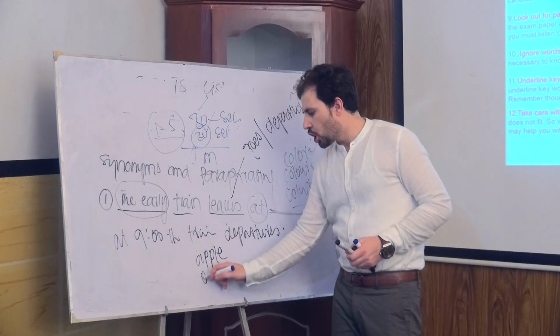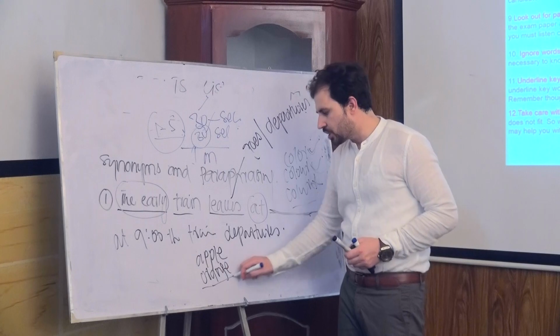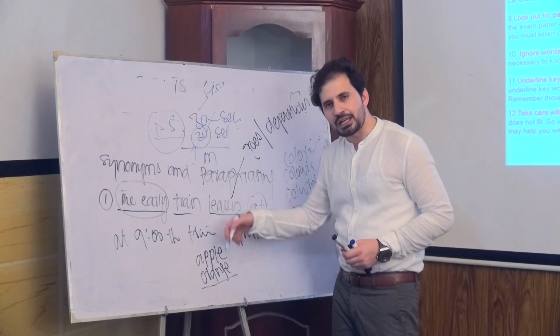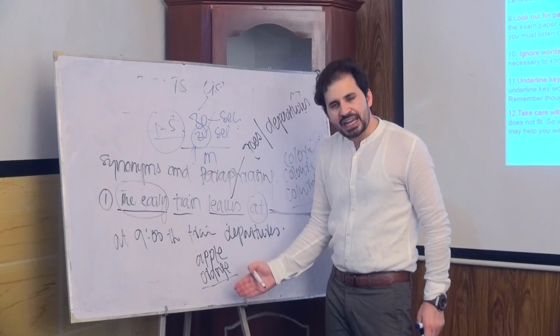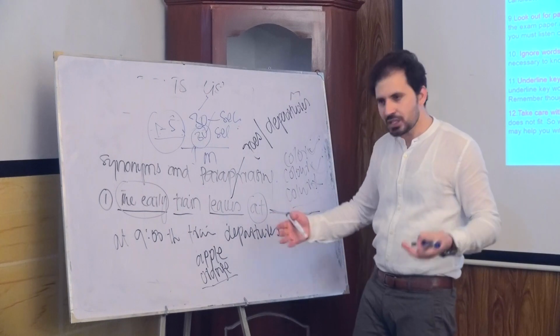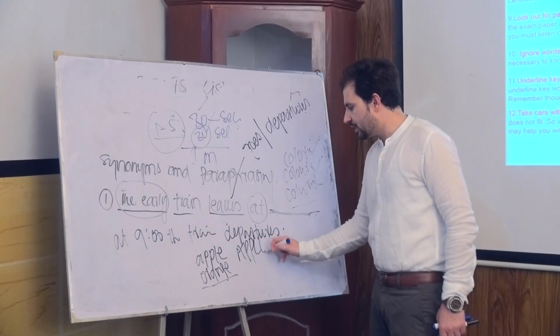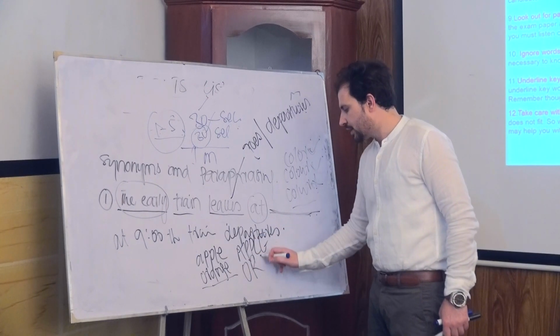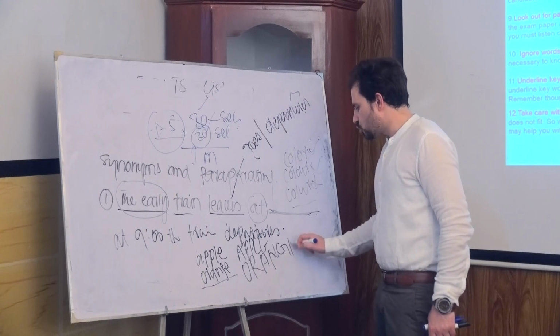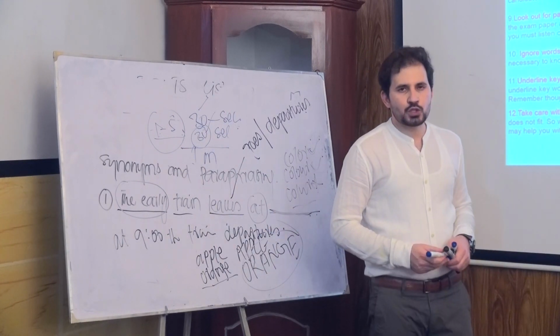For example, orange. Again, orange, there is no capital. Don't write any capital letters. All 40 answers should be in small letters. Or you can write the whole answer in capitals from 1 to 40, like apple, A-P-P-L-E, in capital, O-R-A-N-G-E. So your punctuation problem has been finished here. Your marks will not be deducted for capitalization.